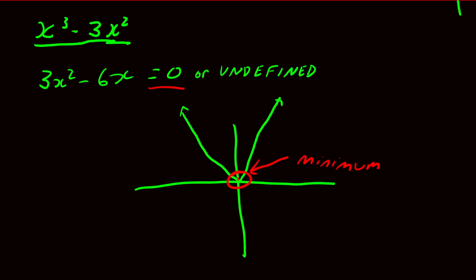So just because the derivative doesn't exist doesn't mean that there's no local minimum or maximum. If you ignored points where the derivative was undefined, you'd have missed this. You wouldn't have been able to say what the minimum was. Even though the derivative does not exist here, there is a minimum value. So that's why we set it equal to undefined.